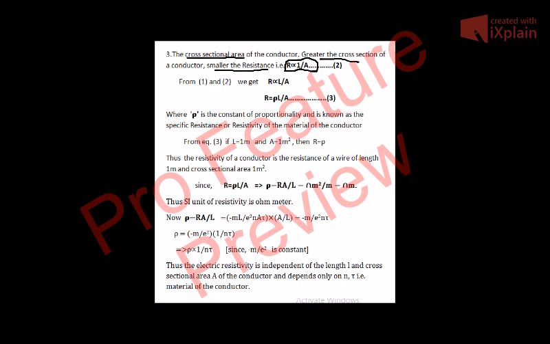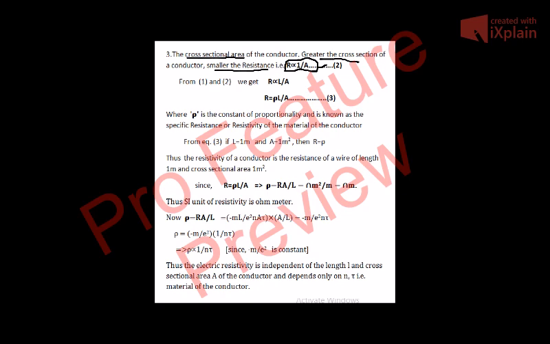So he will not have much resistance while passing through the greater cross-sectional area of the pipe. So greater the cross-sectional area, smaller will be the resistance. So R is inversely proportional to A, that is cross-sectional area.